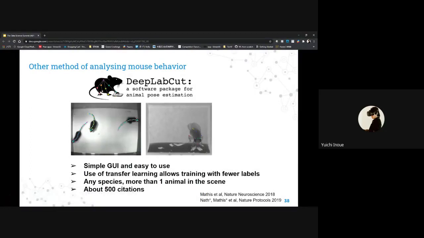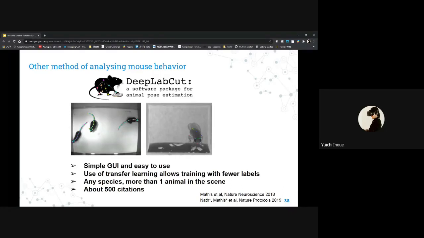A tool that can be used by non-computer science researchers to recognize behavioral patterns in mice has recently been published. The tool name is DeepLabCut. It has a GUI and is easy to use. It gives accurate recognition with less labeling using transfer learning.